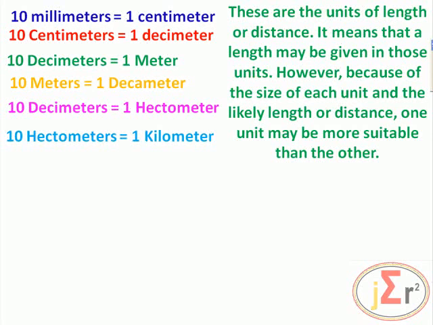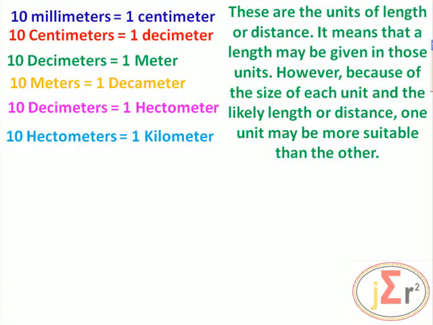These are the units of length or distance. It means that a length may be given in those units. However, because of the size of each unit and the likely length or distance, one unit may be more suitable than the other.